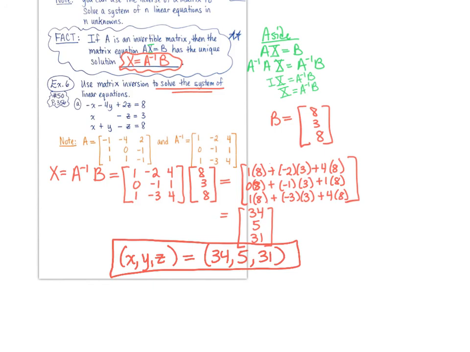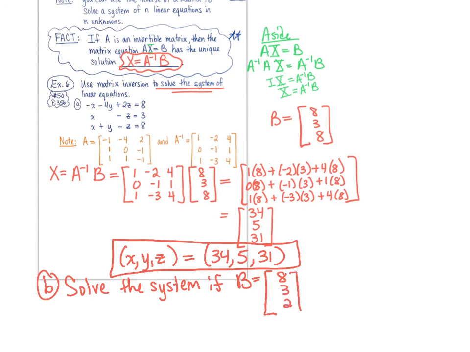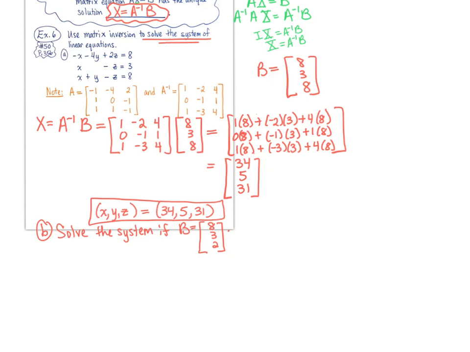What would you get for your solution? So solve the system if B is equal to the column matrix 8, 3, 2. What would you get?